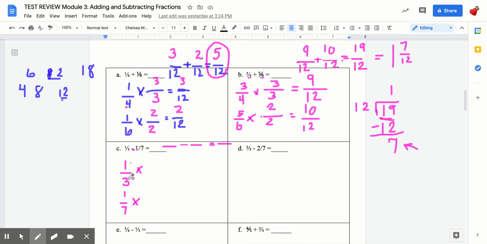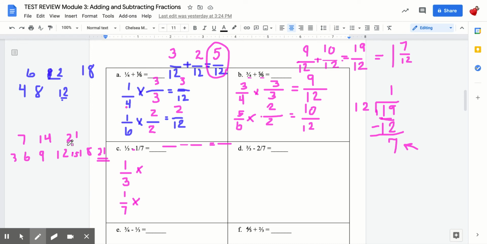Well, 3, I can't multiply 3 to make 7, but I can go 7, 14, 21, and I can go 3, 6, 9, 12, 15, 18, 21.